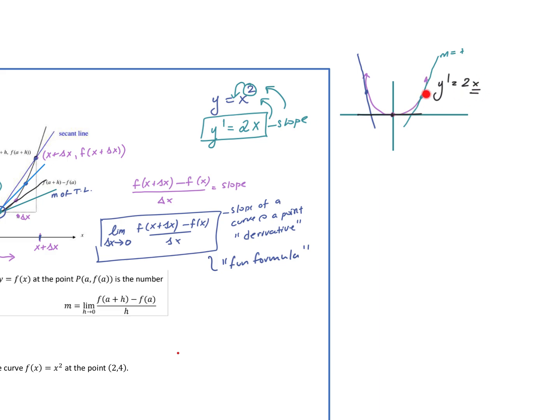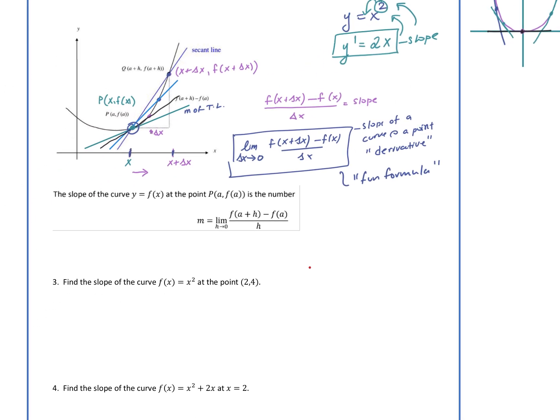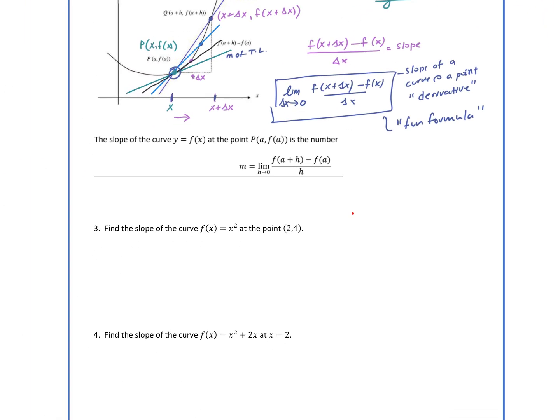That's why all my tangent lines shown here are positive. If I put in a negative value, it's always going to come out negative. It's going to put me over here. All my tangent lines are negative. Now they're less negative, right? Maybe here it's like that. All right, so let's kind of work through this. We're going to do the fun formula, in very limited amounts of time.